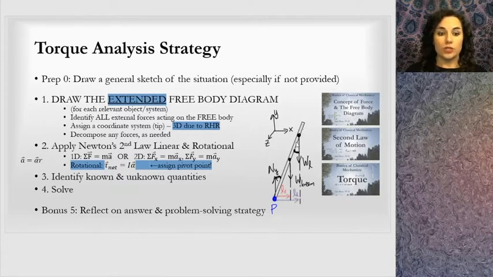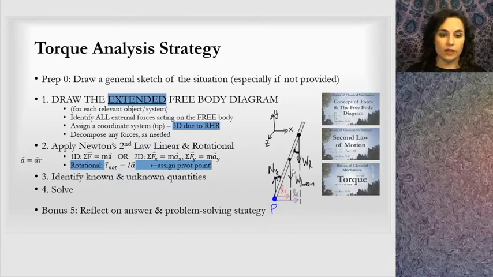In this situation, because we're dealing with torque, we need to draw an extended free body diagram and really locate on the object where that force is being applied, because distances matter. So draw an extended free body diagram and be precise and label in here maybe distances or angles that you will need later in the problem.